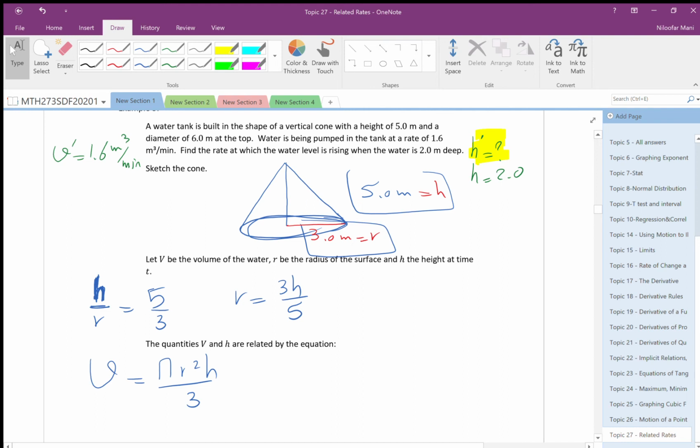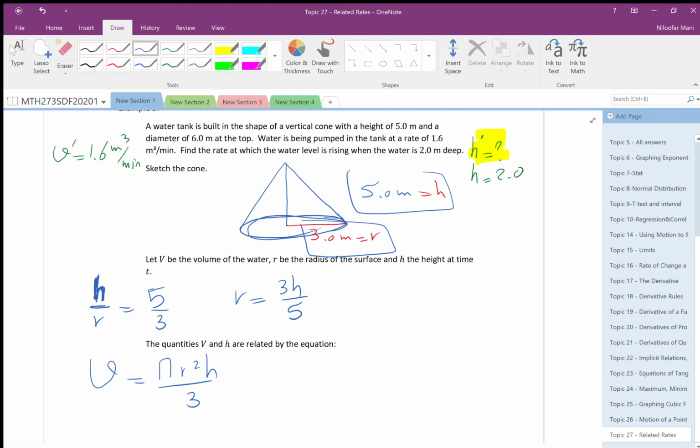So what is V prime then? V prime is pi. Can I do that here? I told you, make it easy for yourself. If you want to find prime, then you have to go by a derivative of multiplication.